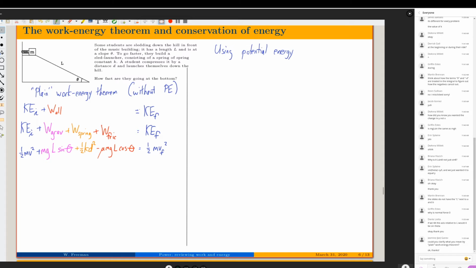So this is initial velocity, but the initial velocity is 0 because we're starting from rest.